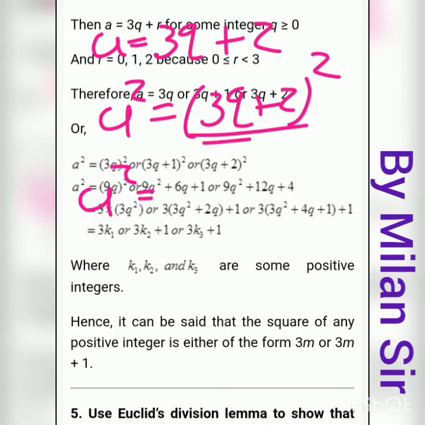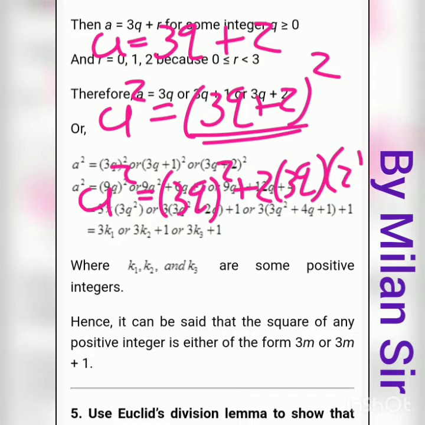Again we need to use the identity (a plus b) all square. So first term square, 3q square, plus 2 multiply first term 3q multiply second term 2, plus second term square. The second term is 2, so its square is 2 square.